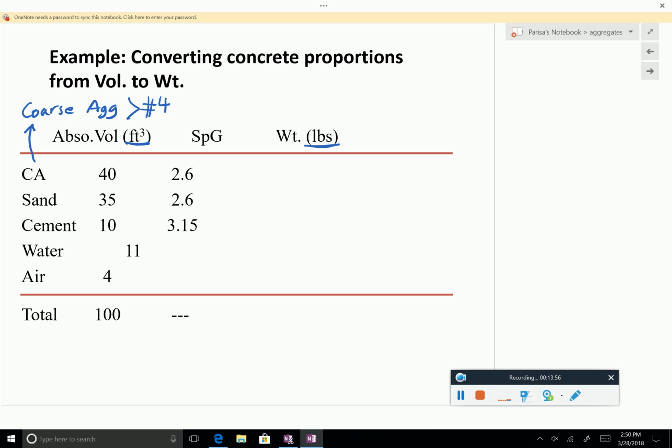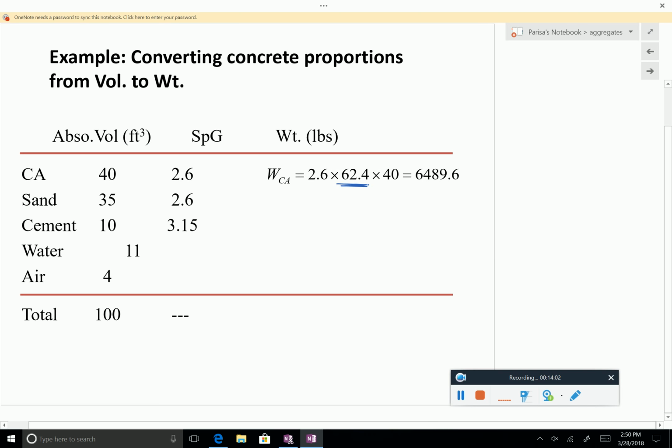This is something we do in concrete mix design. So to get the weight, you need to multiply the specific gravity by the density of water and then the absolute volume for each component, and then sum them up.